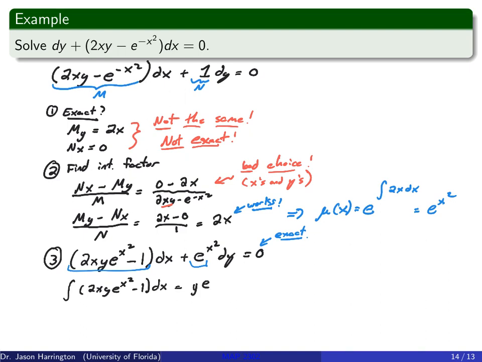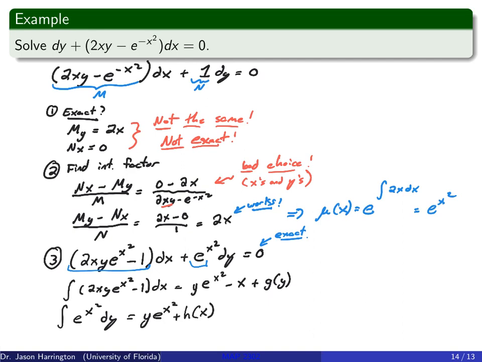That's just going to be y e to the x squared, and then I have minus x, and then a function of y, which I'll call g. Then the second term is e to the x squared, and that's pretty easy to integrate because there are no y's in there. The antiderivative is y e to the x squared plus some function of x.